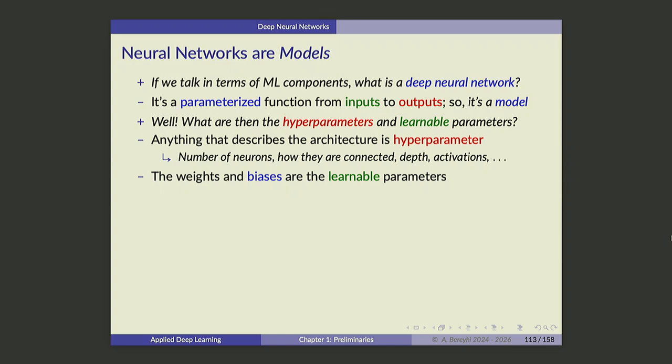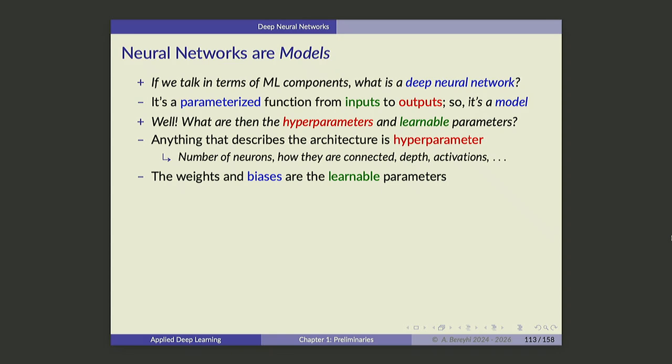Now, this deep model, this deep neural network, could have a bunch of hyperparameters. Now, if I talk about hyperparameters, it is something more similar to what you have heard before, right? For example, how many layers you want to put, right? How many neurons you want to put in every layer. These are hyperparameters.